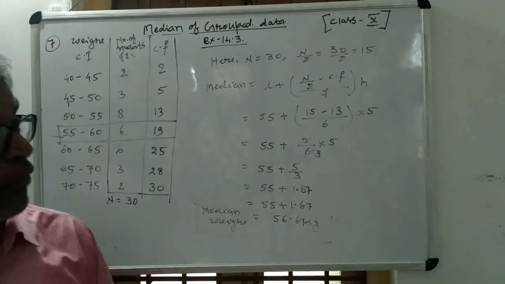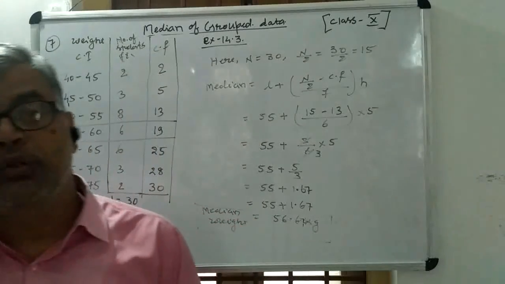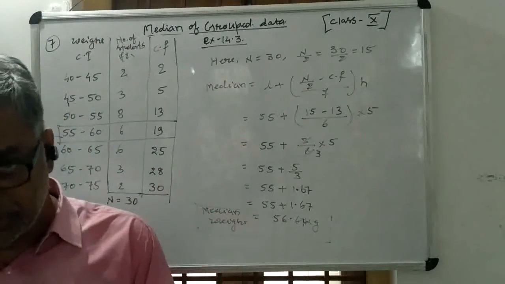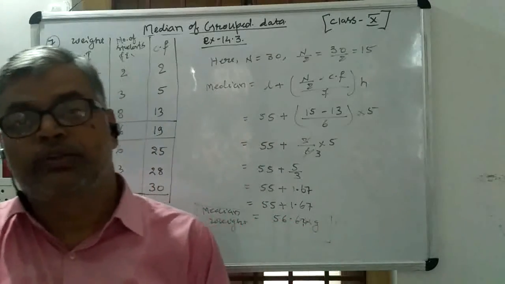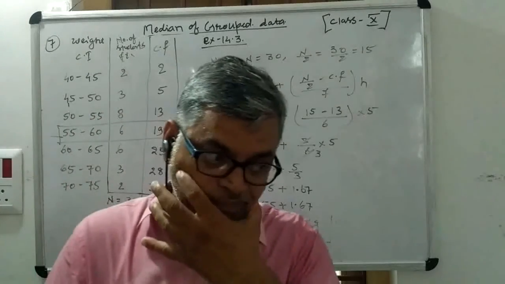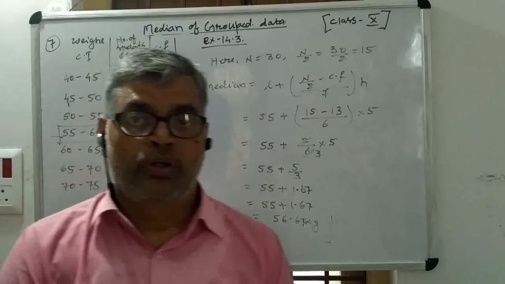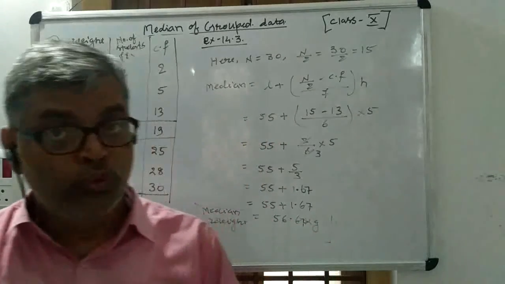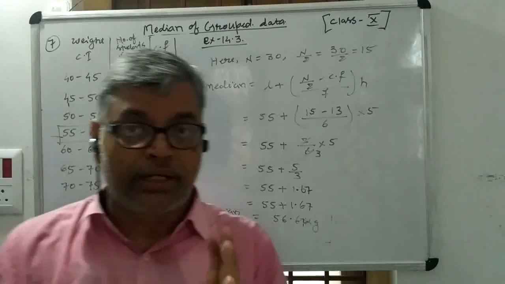Now all of you are supposed to practice from exercise 14.3. You need to solve all the questions given in the exercise, in the examples also, and you can choose some different questions from different books also, to do more and more practice and to get command over it.